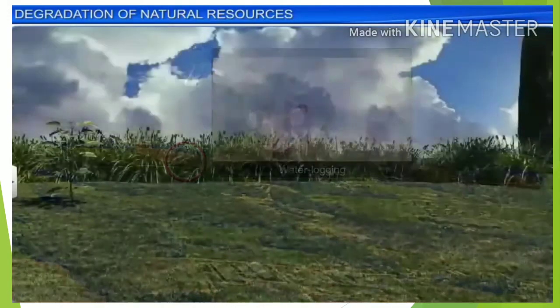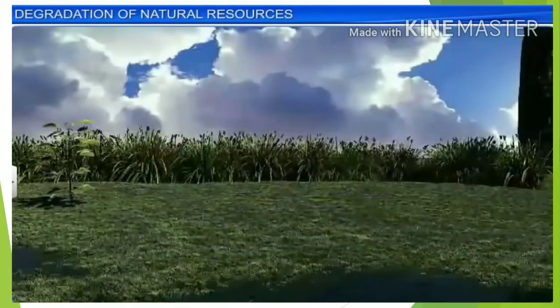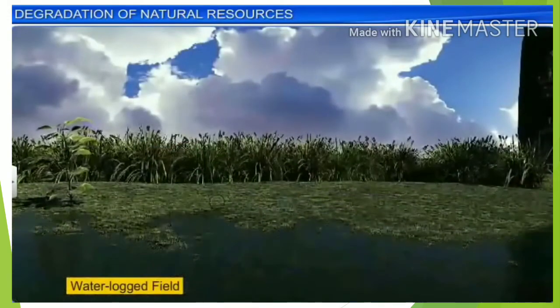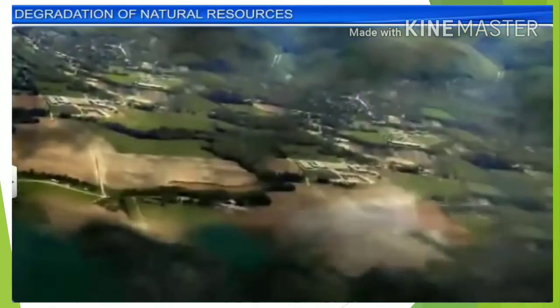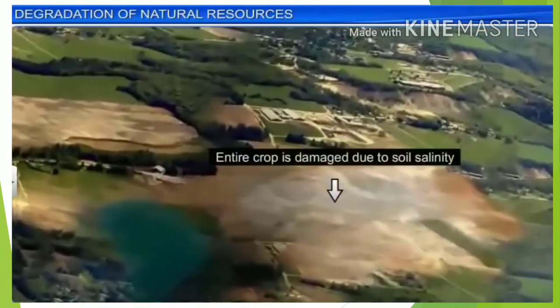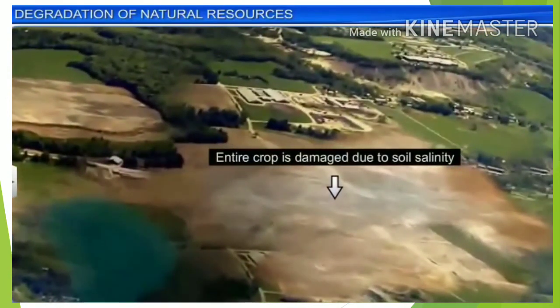In such waterlogged land, salts are pulled up to the surface of the soil. Soon, the salts start accumulating around the roots or form a thin layer on the surface. Large amounts of salt in the soil are detrimental to plant growth. Sometimes an entire crop is damaged due to soil salinity.